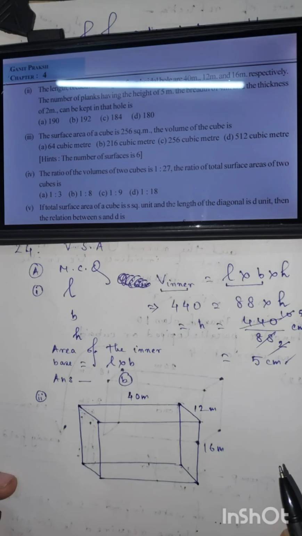The breadth of 4 meter and the thickness of 2 meter can be kept in that hole. Okay.